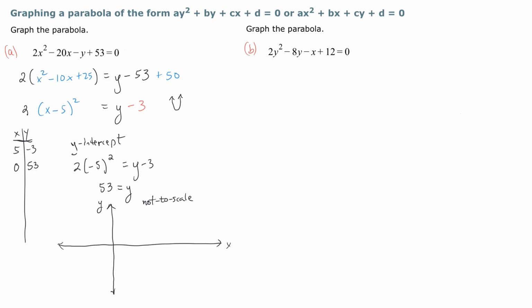So let's say here. That's 5, negative 3. We have x is 0, it's there. So this is 0, 53. This ordered pair was 5, negative 3.